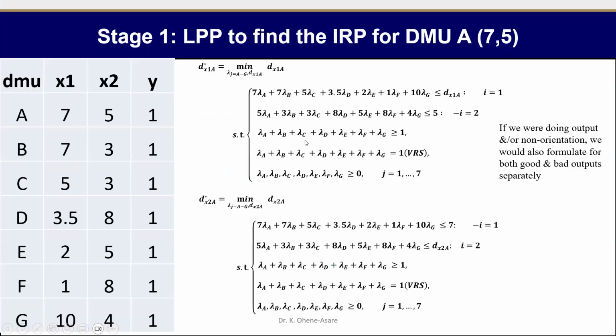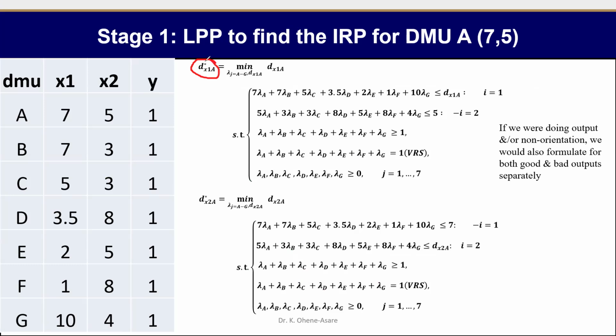All right. So now, let's do the formulation. We're going to look at how we do it for DMU 1, DMU A. We're going to formulate for the ideal reference. Now, DMU A has got how many inputs? 2 inputs. Remember that we do it for each variable, each input.